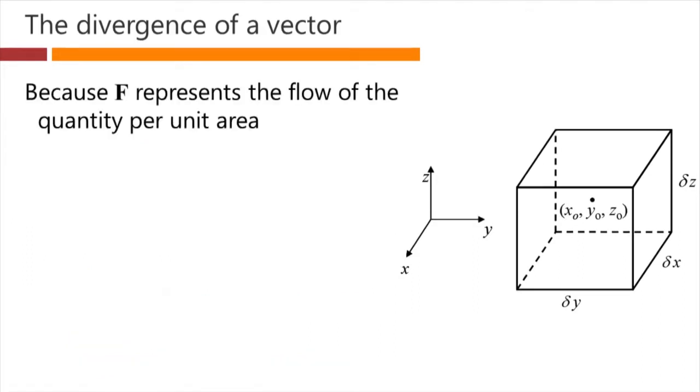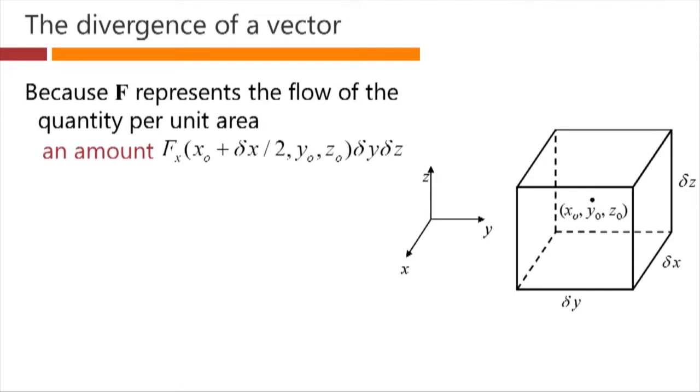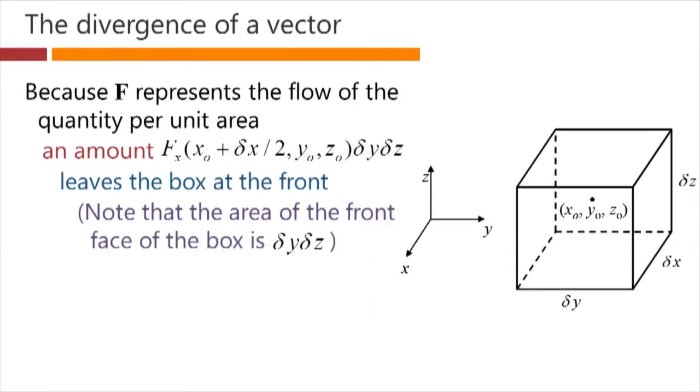Now, because this vector quantity f represents the flow of the quantity per unit area, then some amount is going to flow out of the front face of the box. The area of that front face of the box is delta y times delta z, and this would be the value of that vector quantity in the x direction on this front face.